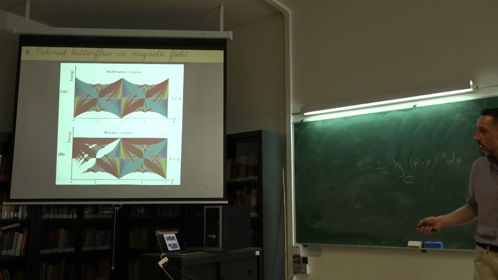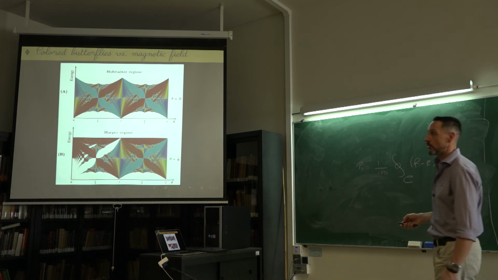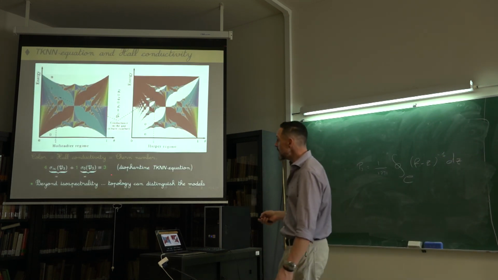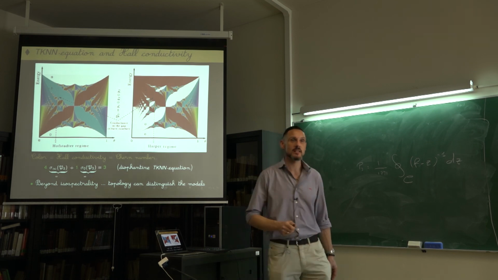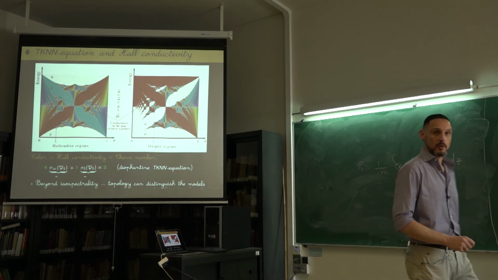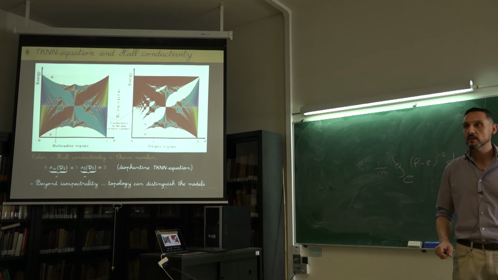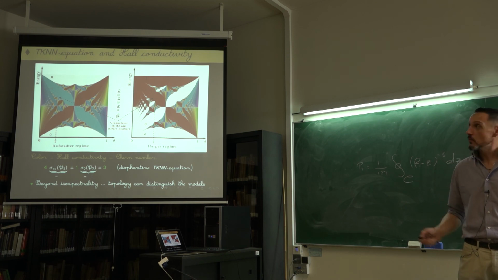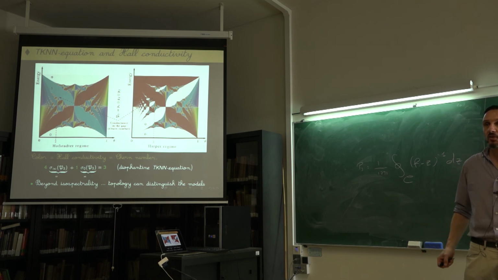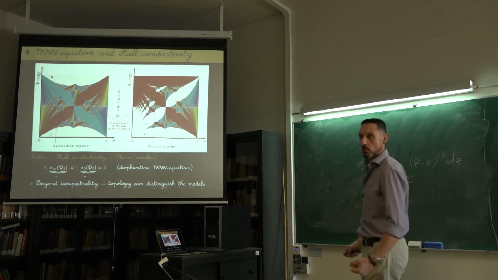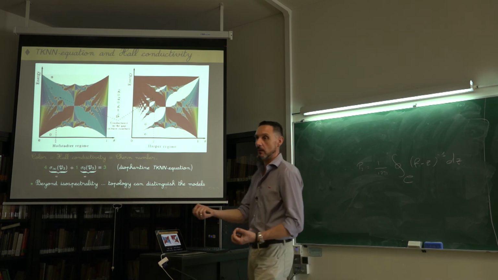But if I try to put colors in the Harper model, if I want to compute the Chern classes associated to the gaps, the colors are changing. Okay, there is a difference of the color. And this difference indeed is essentially given by the TKNN equation that I showed you before. As I showed you before, in this Diophantine equation, there was a Chern class, which was the Chern class of the Hofstadter butterfly, and a second parameter S, which was the second member of this Diophantine equation.